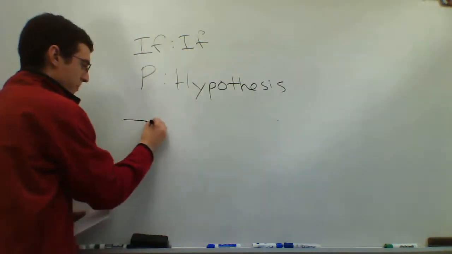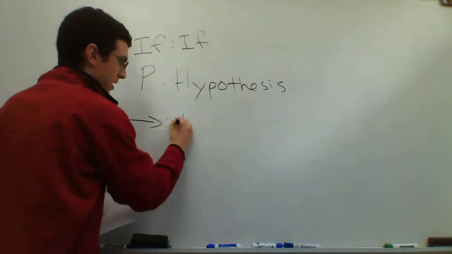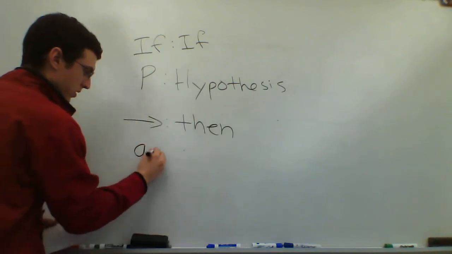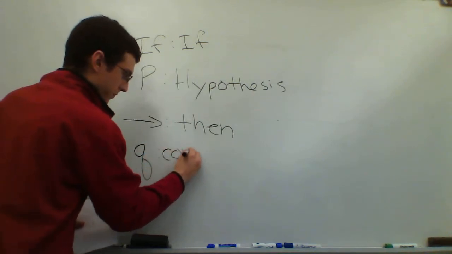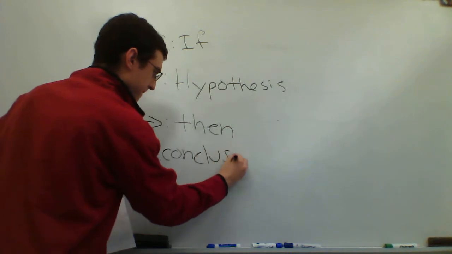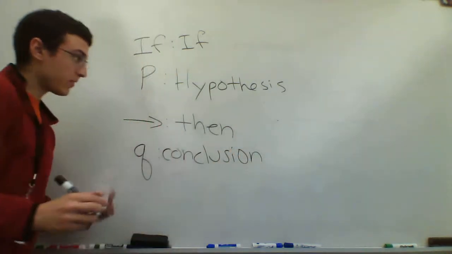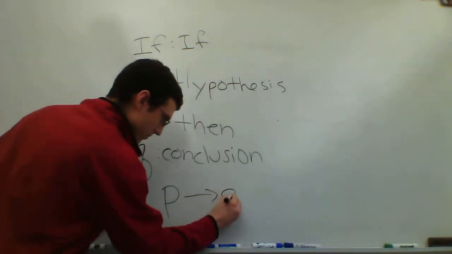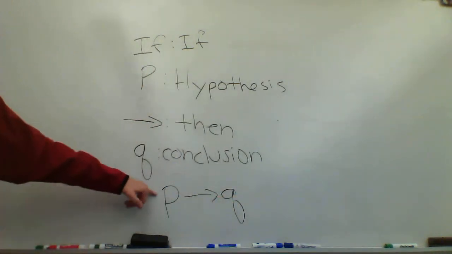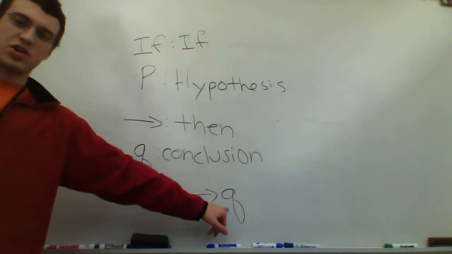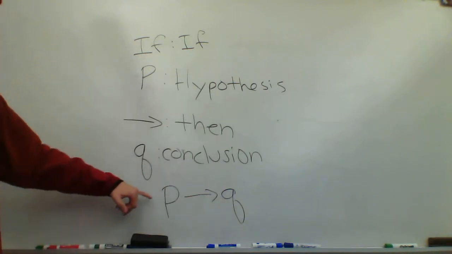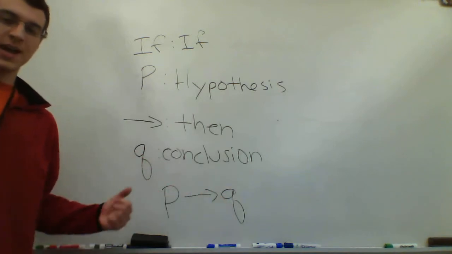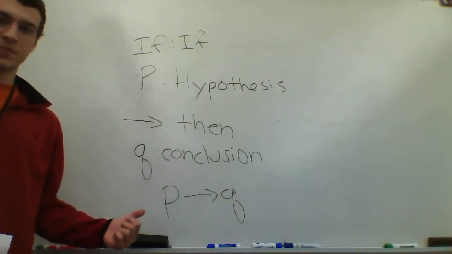We have our arrow, which is our then. And we have our Q, which is our conclusion. A lot of times we will drop the if out, so you will see something that looks like this. This means if P, then Q, or if hypothesis, then conclusion. Okay, and that is our conditional statement.